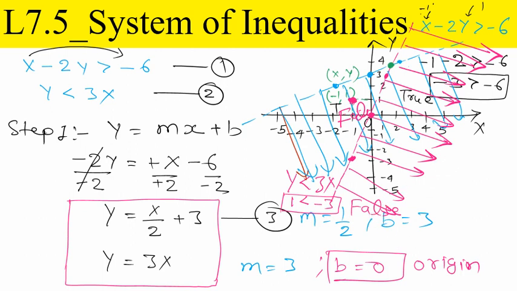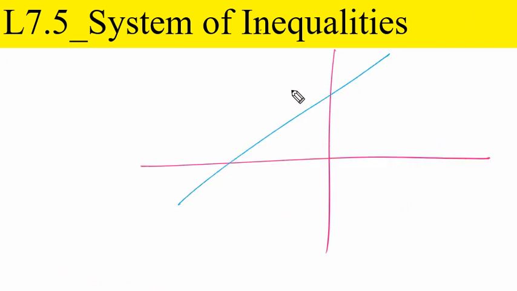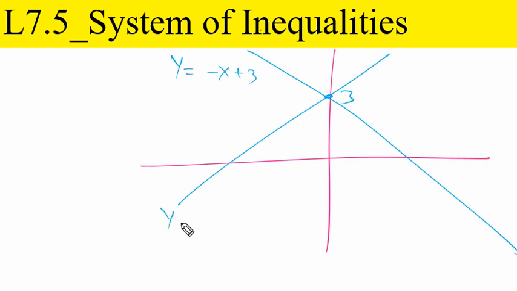Let me just quickly explain one more time. Let's say you have this line and somewhere around this line, and this point is 3. Let's say one line is y equals -x plus 3, with less than or equal, and the other is more than or equal, so solid lines, and that will be y equals x plus 3.